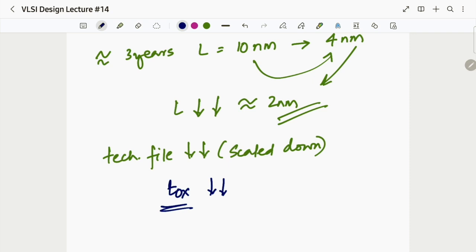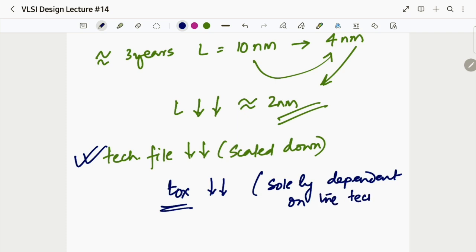So if I am scaling down the transistor itself, don't you think the thickness of oxide will also get scaled down because of that? This thickness of oxide is solely dependent on the technology file.